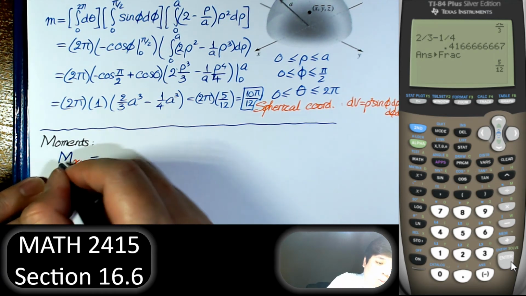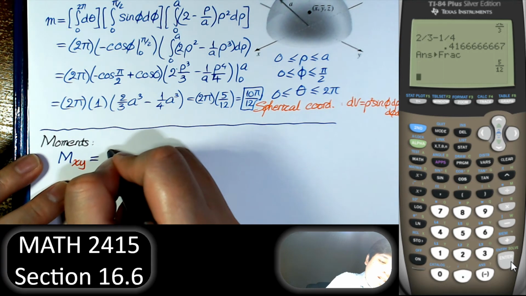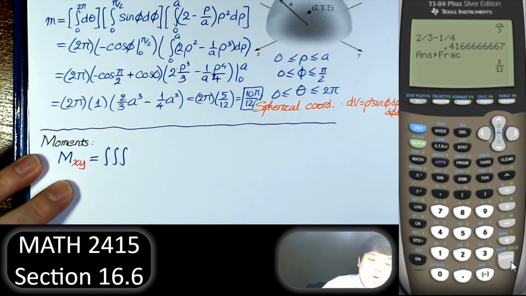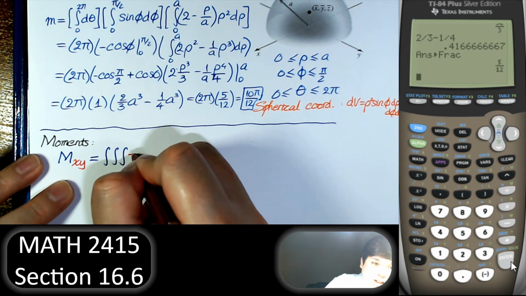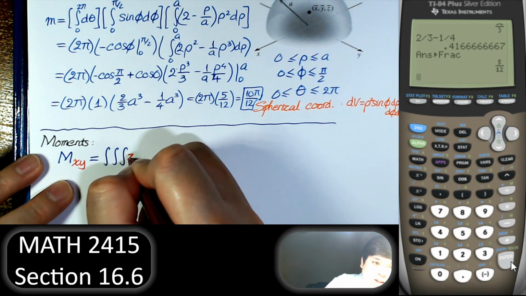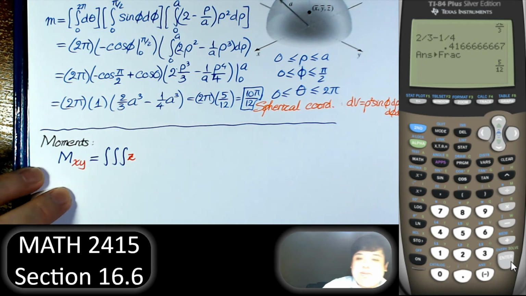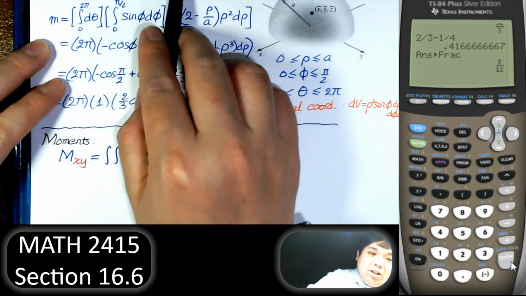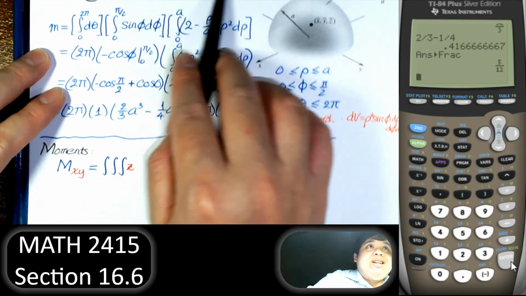With respect to the XY plane, the distance to the XY plane, we're going to stick Z into it. The limit is still the same thing though. I'll stick Z into this integral.